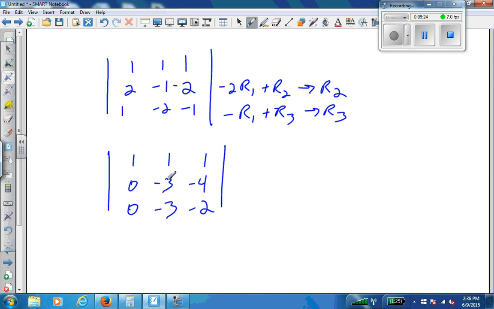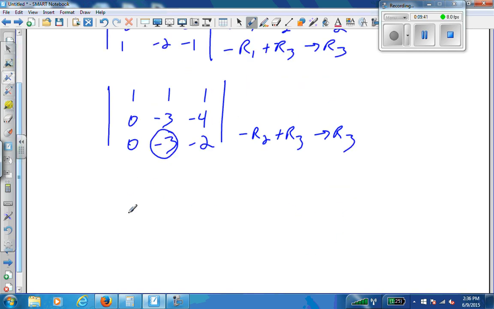So we could get this to be a 1, but if we just want it to be upper triangular, let's go ahead and make this a 0. So if we do the opposite of row 2 plus row 3 to get our new row 3, we have 1, 1, 1, 0, -3, -4, 0.